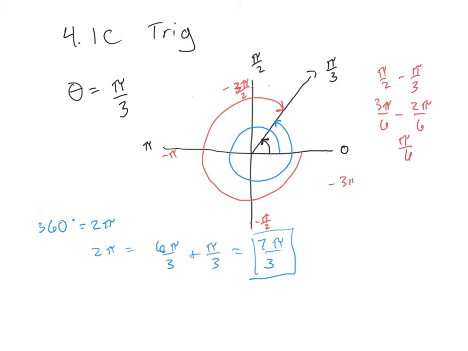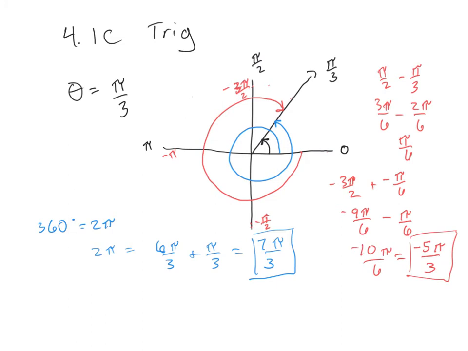I'm going to take negative 3 halves pi plus negative pi over 6. I'm going to convert the first one to be able to add that, multiplying both by 3, so this would be negative 9 pi over 6 minus pi over 6. That gives me negative 10 pi over 6. Simplify that further by dividing both the numerator and denominator by 2, and that gives me negative 5 pi over 3. So this is my negative direction, and that is my positive direction using radians.